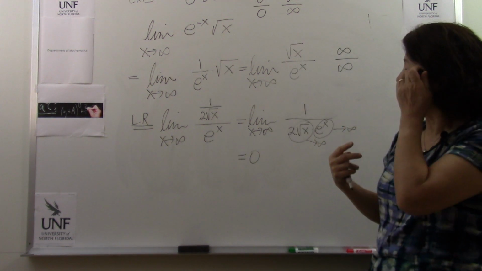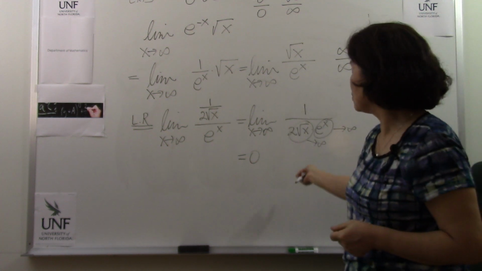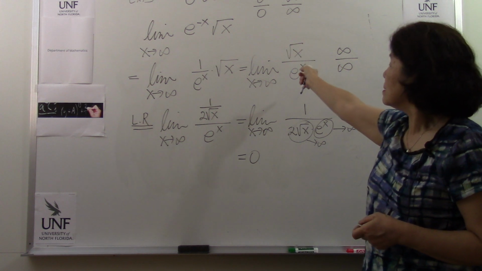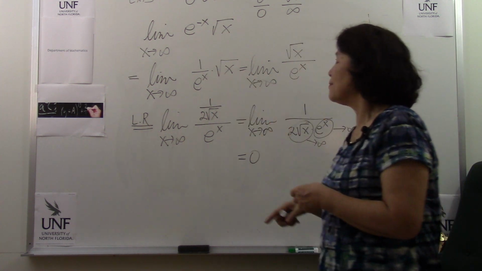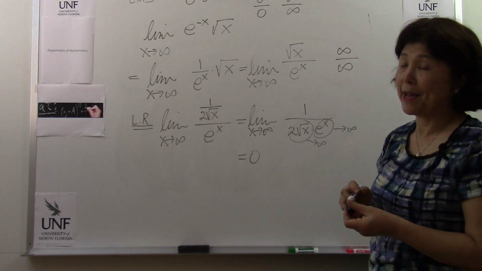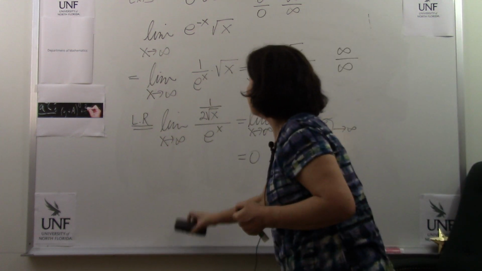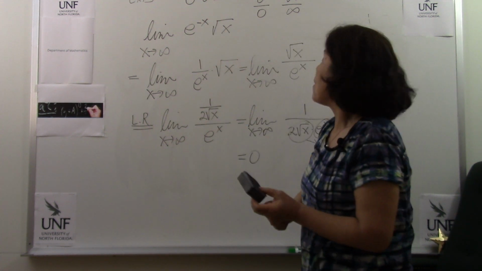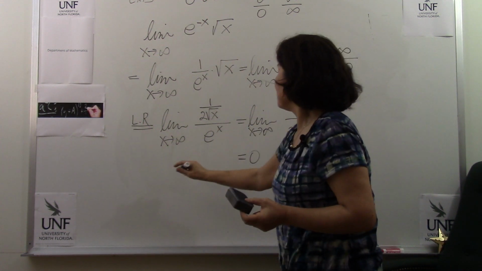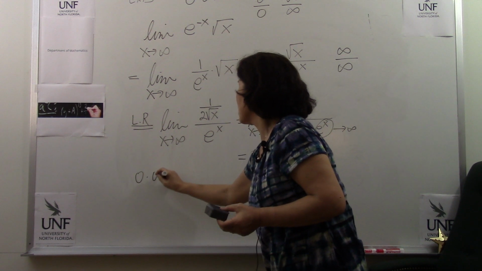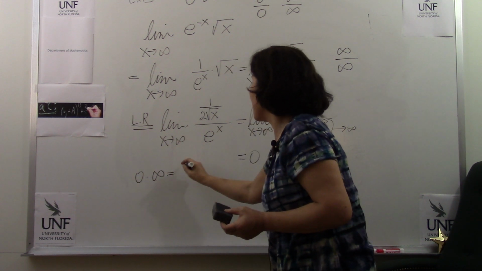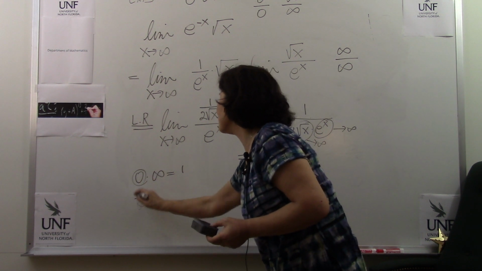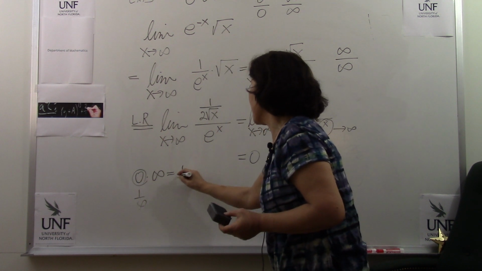So even though we borrowed L'Hopital's rule to conclude the limit is going to be 0, we can foresee this from the beginning. Okay? So you make a mental note. When you have 0 times infinity, you can change it, as 0 is like 1 over infinity.